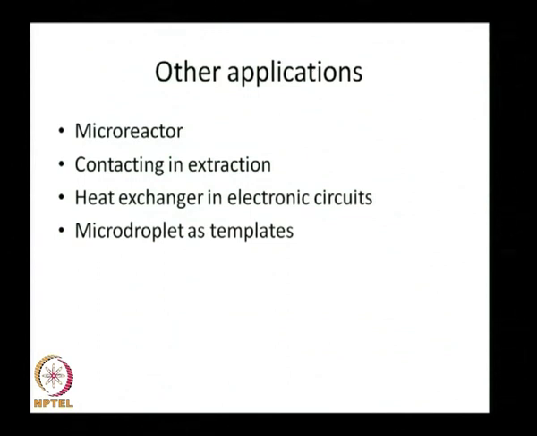You can have an extraction chamber, I am talking about solvent extraction using these. Then heat exchangers in electronic circuits, that is another area. Then micro droplets as templates: you need to generate micro droplets in various applications, and there these microfluidic devices are important.